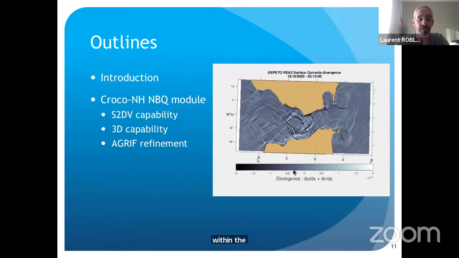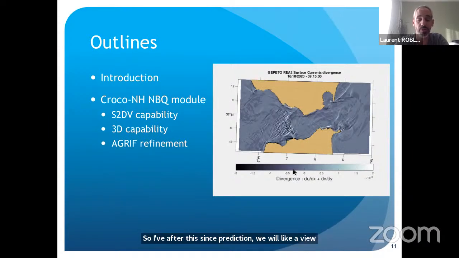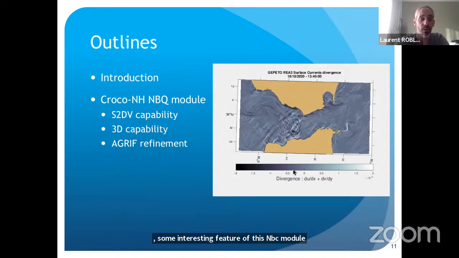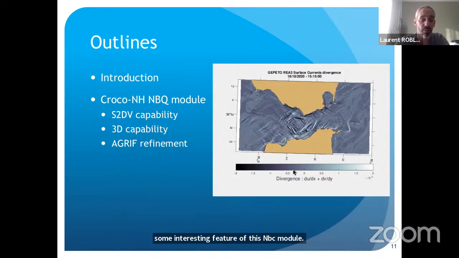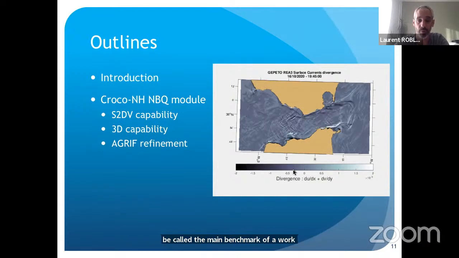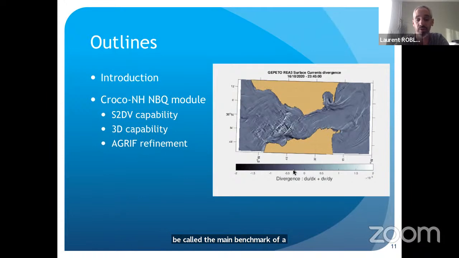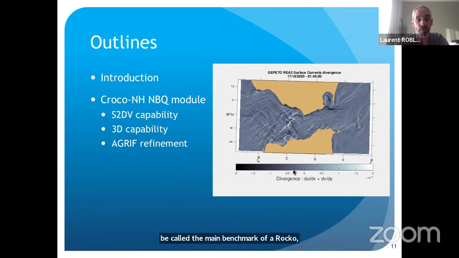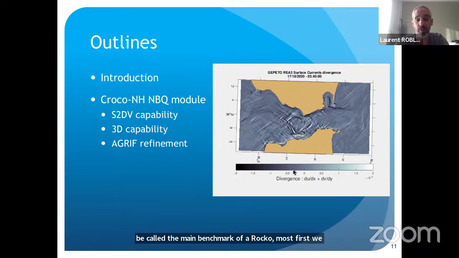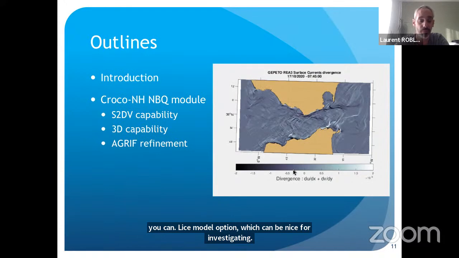After this introduction, we will review some interesting features of this NBQ model available in the CROCO code, in application to what can be called the main benchmark of our group, the Gibraltar Strait. First, we'll see a 2D vertical slice model option, which can be nice for investigating some non-hydrostatic details.